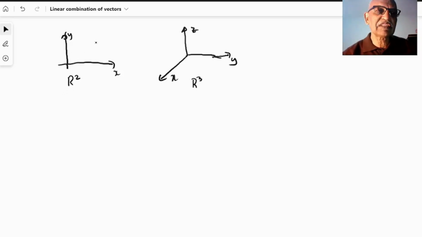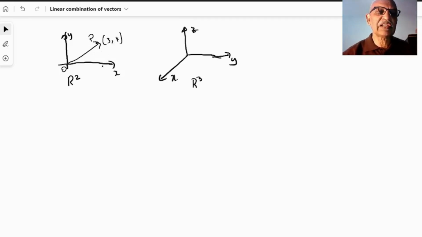So we say if this is, let's say, 3, 4, that means a vector. This vector is called a position vector. Position vector from O to the point P, this is called position vector. So it's two-dimensional.